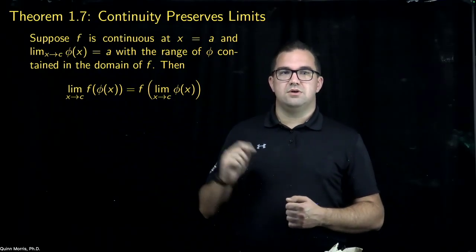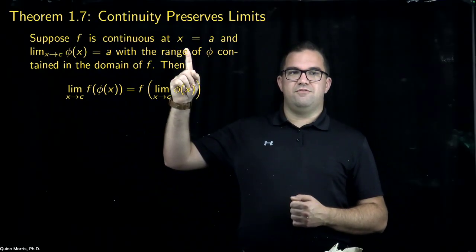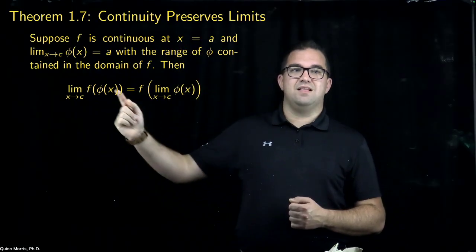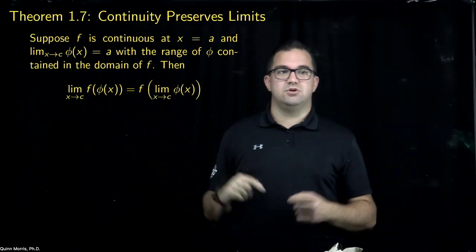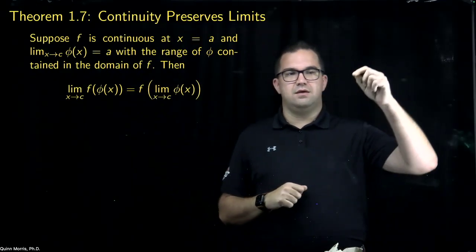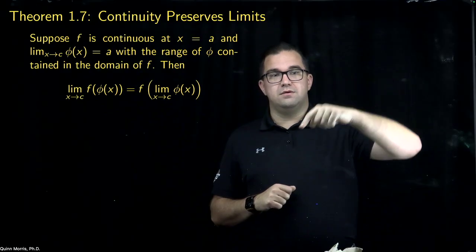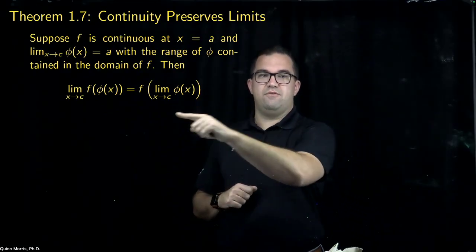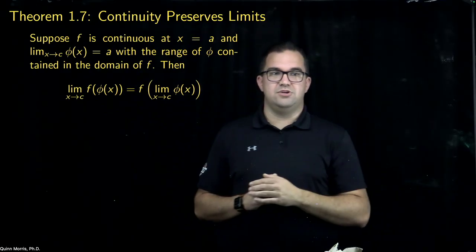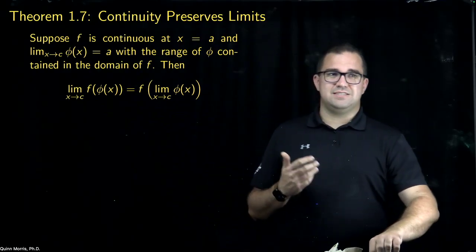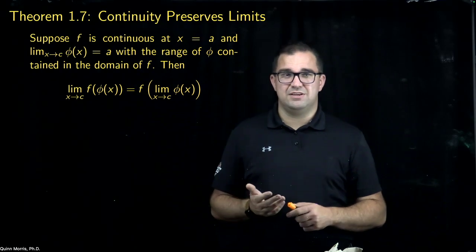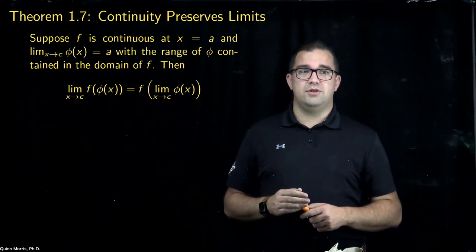Okay, so notice there are some important things here. I need the function to be continuous at a, and the limit of the inside part is itself a. So you have to be calculating the limit at the right point, so that the input of the function here is where you are continuous. But again, if I look at this, this is really just restating the definition of continuity.